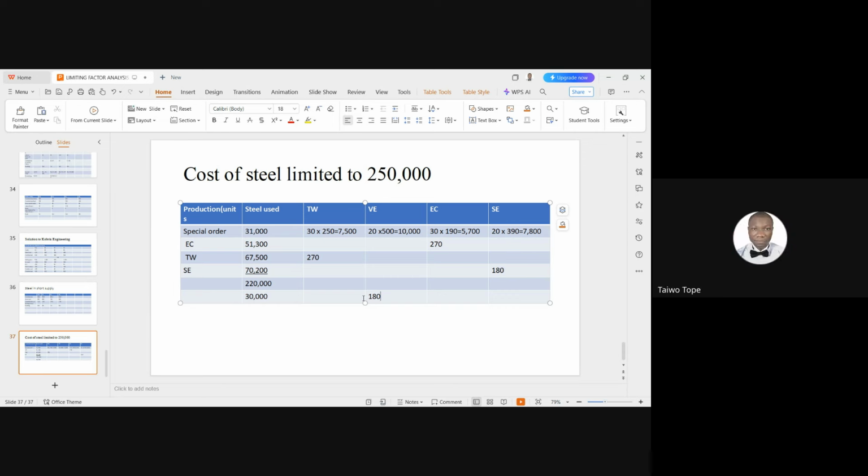You need 90,000. But you don't have the 90,000, right? You have 30,000. So what are we going to do now? We're going to divide the 180 with the 30,000. Very good. So when you do that, you're going to have what?